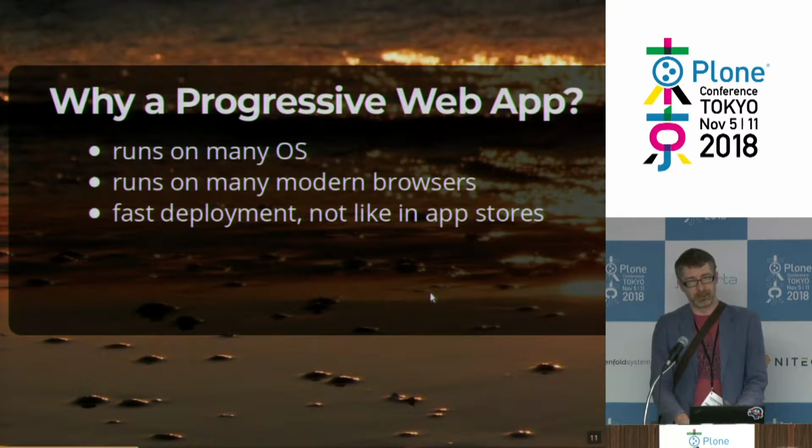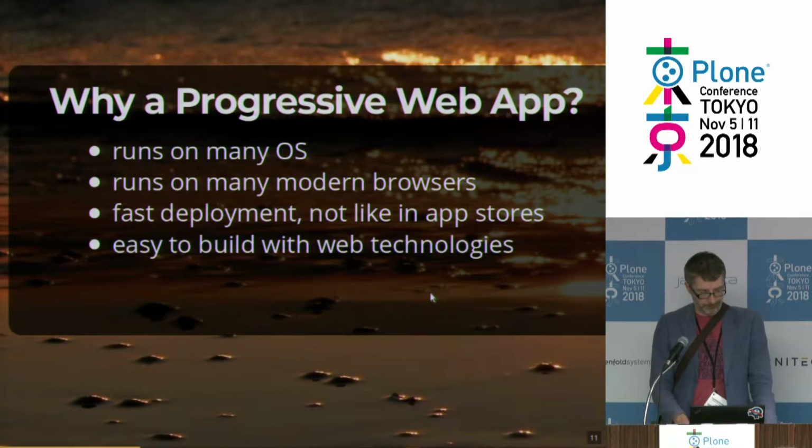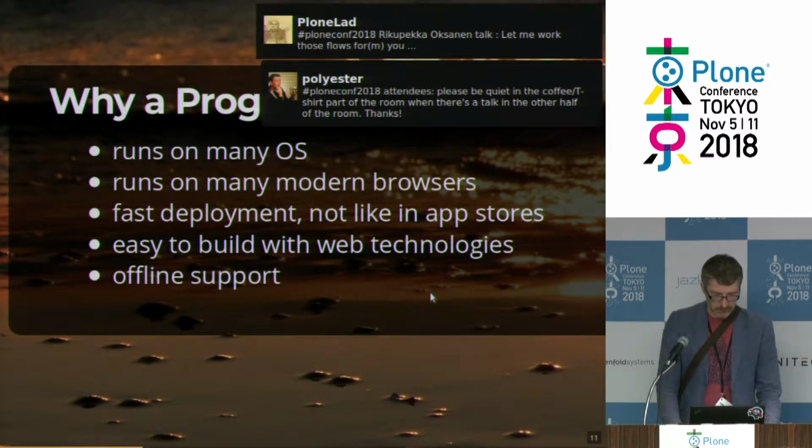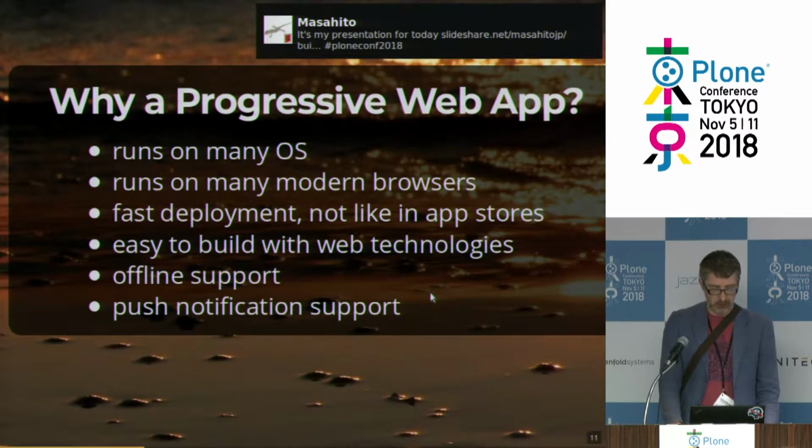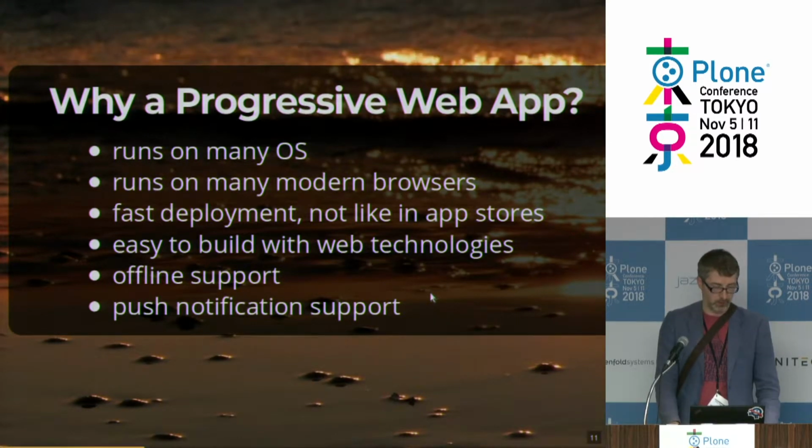If you go through app stores, this takes days, and if you have a bug, fixing it also takes days. It just slows us down. It's easy to build. You just need web technologies, so if you know JavaScript, HTML and CSS, that should be enough. And with modern technologies, we also have offline support, and if you need push notifications, that's all possible by now.